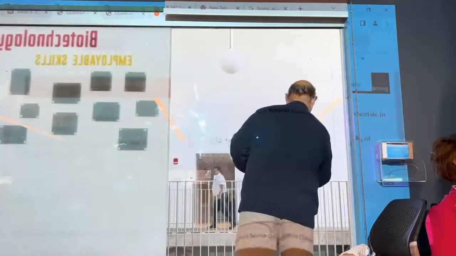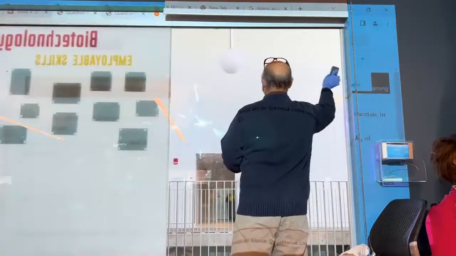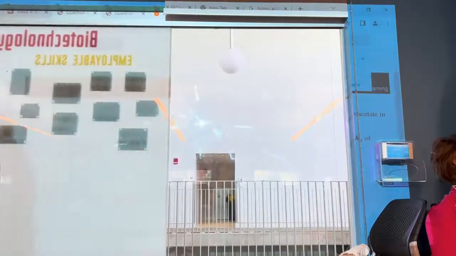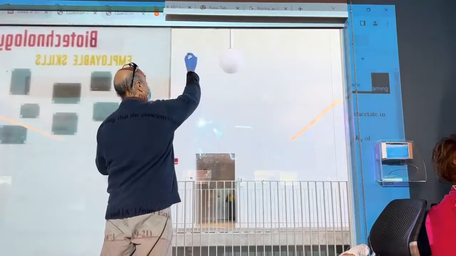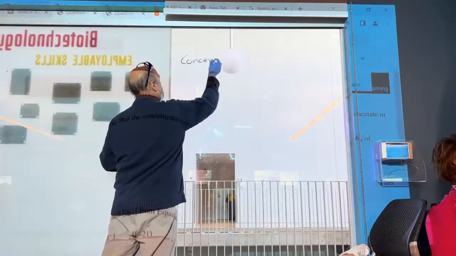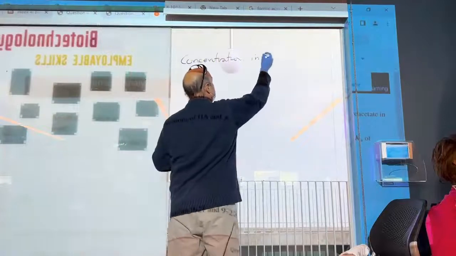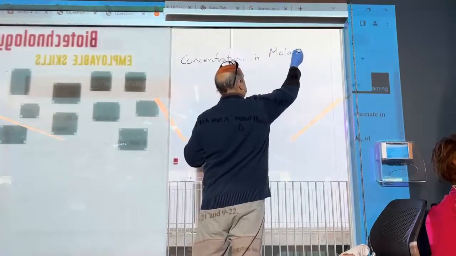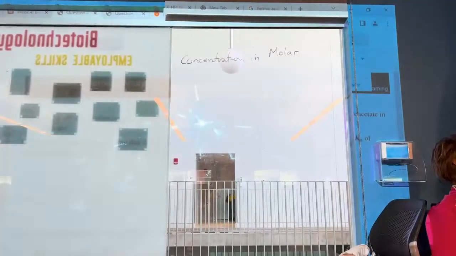Before we address that other problem, let's talk about concentration in molar so that we can make that buffer today and put the Henderson-Hasselbalch equation to the test.